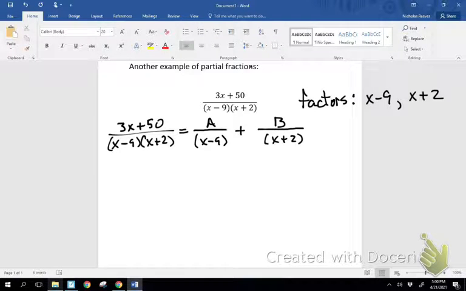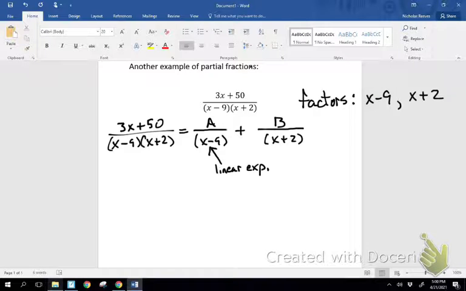And the reason why I just write a, just write b, is because this is a linear expression, and so you take it down one power, and so a would be kind of like an x to the 0 power. But don't worry about that.